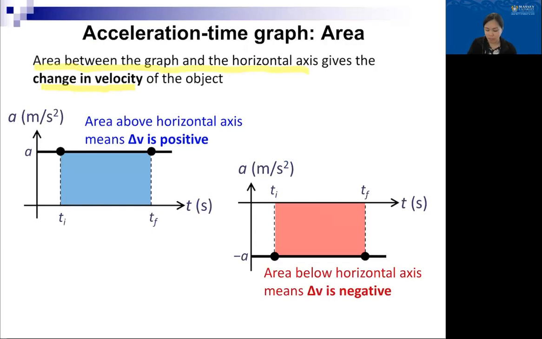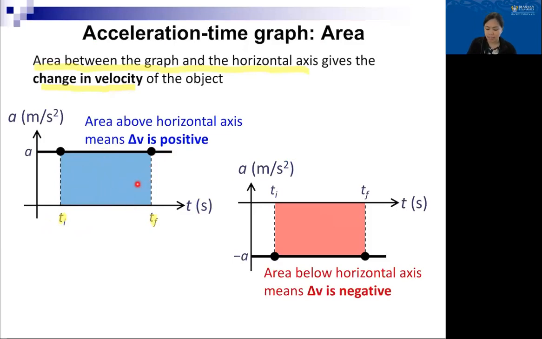Right, and in a similar manner, so this is the graph. The graph is this straight black line. It tells you the value of the acceleration at different times. And if you wanted to find the change in velocity between this time interval, Ti and Tf, then you need to find the area between the graph and the x-axis, so that's this blue shaded area here.